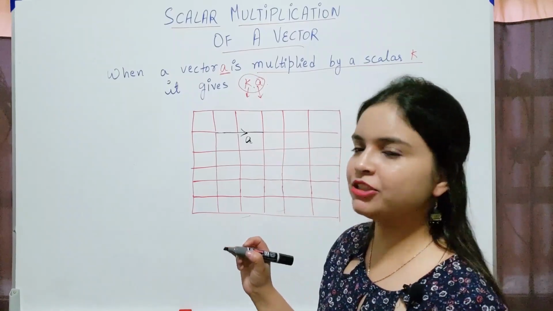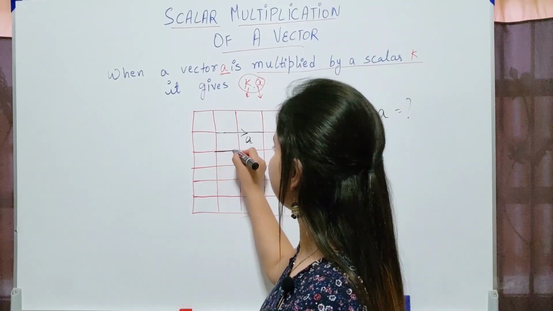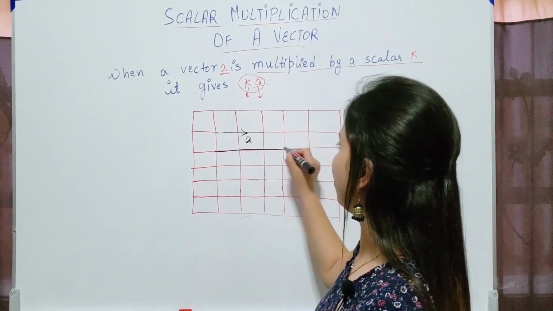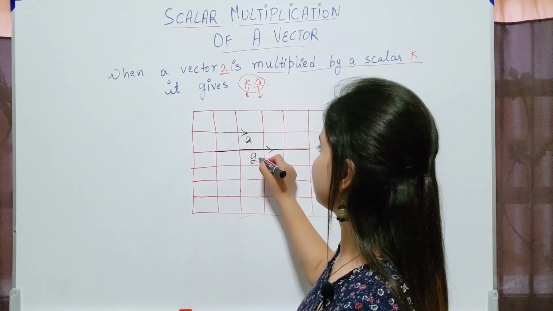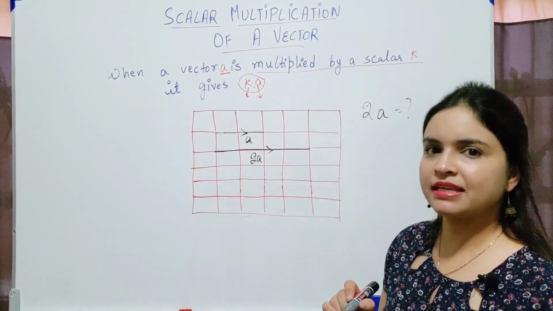So, what will be my 2A? 2A will be double of this. Okay, so this is my 2 times A.